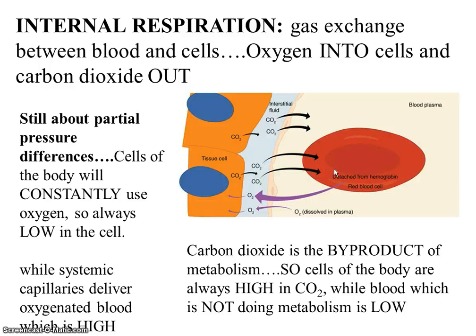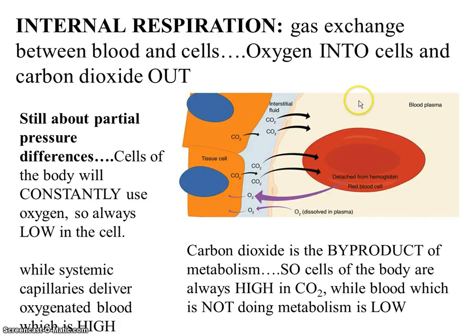So now these blood cells and plasma are carrying these gases, and different amounts of these gases, and we're coming to these cells, and cells who have been doing cellular respiration, so have been using their oxygen and been building up carbon dioxide. So we say internal respiration between the blood or systemic capillaries and the tissues or cells of the body. And we want to move oxygen into the cells and carbon dioxide out.